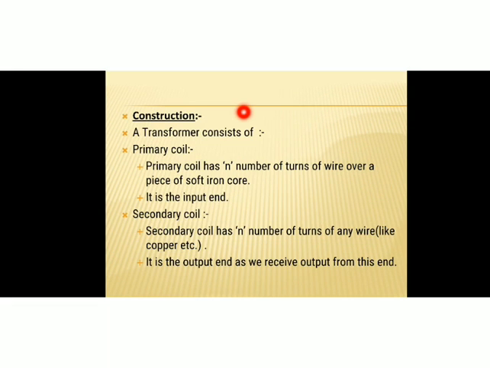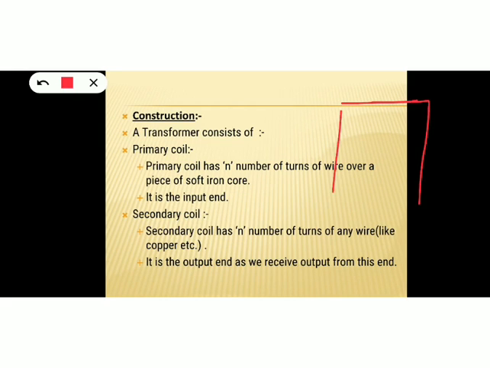Now construction. Construction means let's be familiar with the important parts of a transformer. A transformer consists of a primary coil and a secondary coil. So this is the structure of a transformer. This is the core of the transformer, and a primary coil is there.